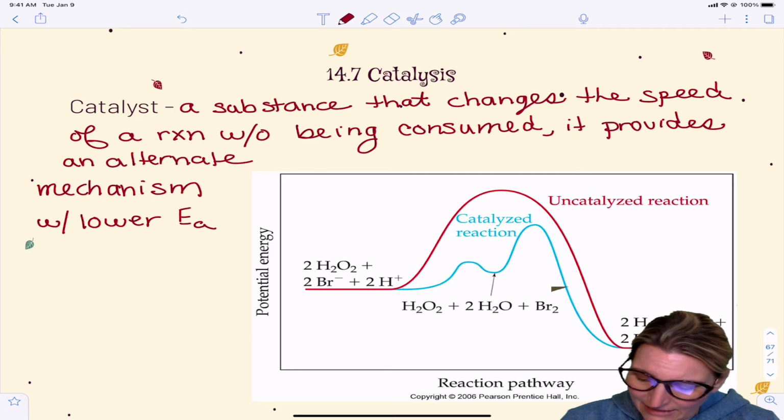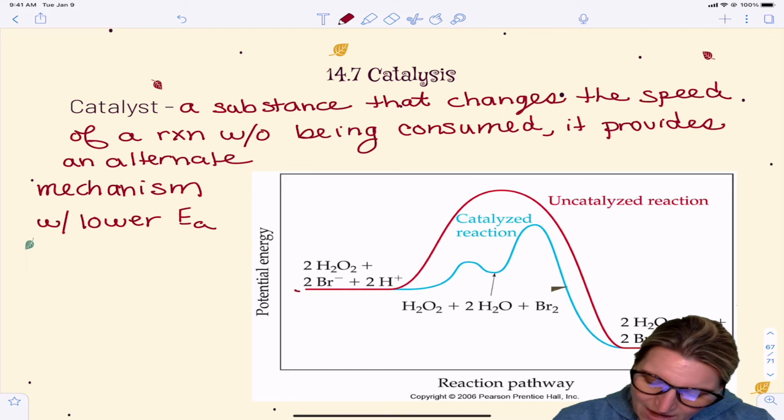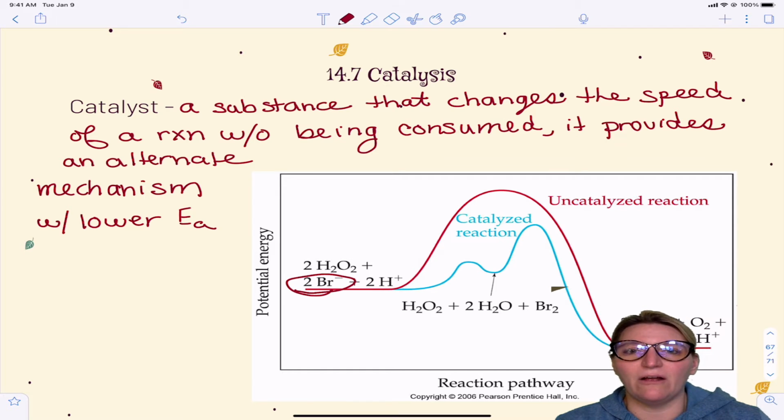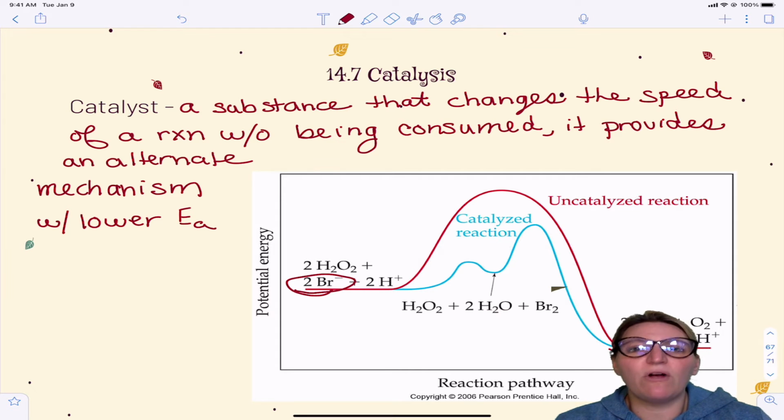You can see that's exactly what's happening here in the reaction of hydrogen peroxide. If we add the bromide ion, you can see it's also in the products.